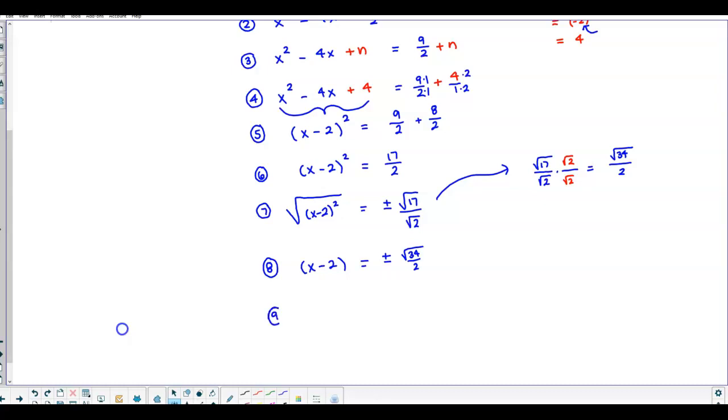And so now, in order to solve for x, we're going to isolate x, and we're going to add 2 to both sides. So we get 2 plus or minus the square root of 34 over 2. And so if we want to find a common denominator, we can put a 1 over the 2. And so then we're going to get a common denominator of 2.